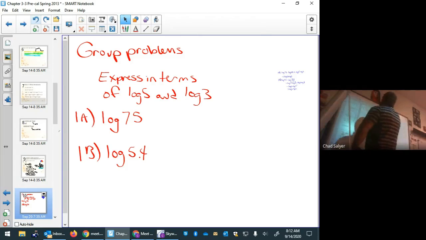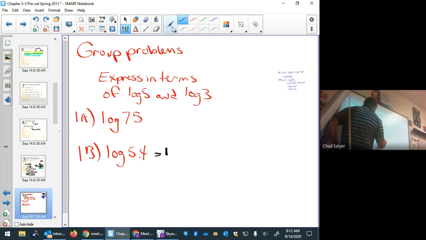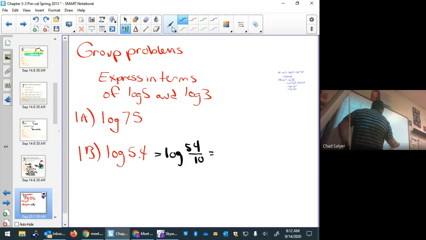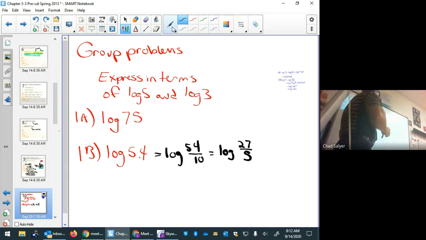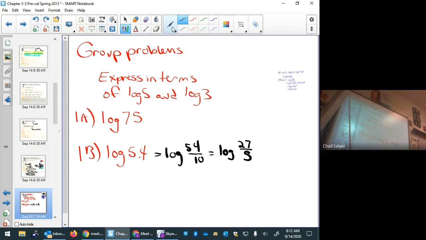We're going to rewrite that as a fraction. So 27 over 5 is another way to say 5.4. If you're having trouble getting started, let me know, and I can help.